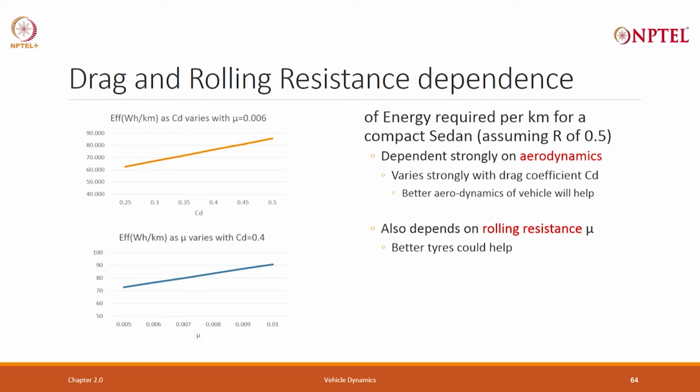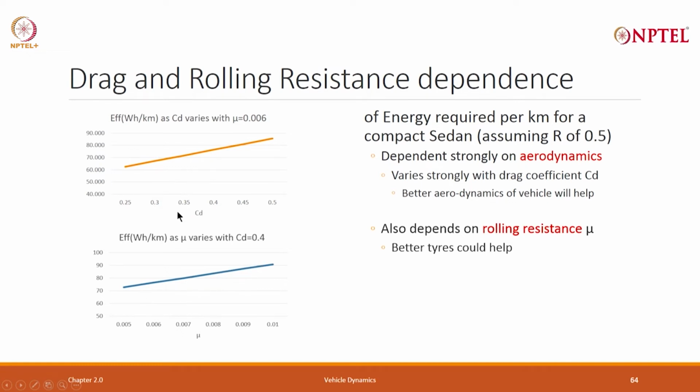Now, remember that you can't do too much about the area, it was CD into area. So, area you can't do too much, CD is one thing that you can change, and the other thing is this is not as bad, but even here it goes to 70 to 90.